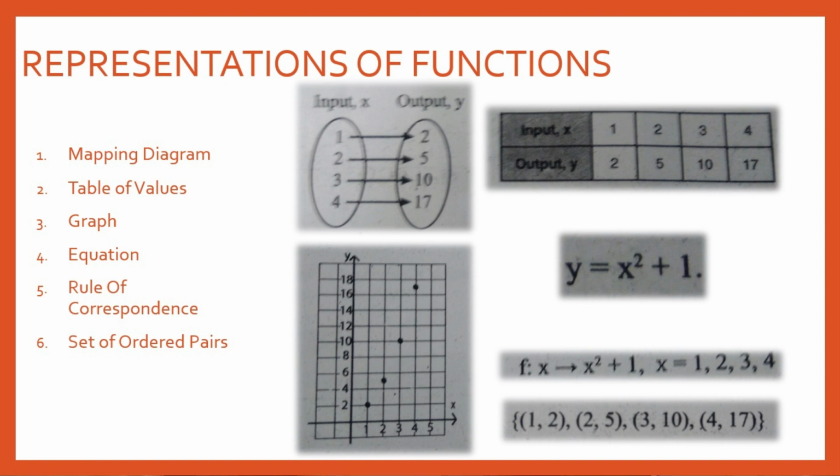Third is the graph, where you can see the set of points that composes the function. Number 4, the equation. This equation gives the function. Number 5, the rule of correspondence, and lastly, the set of ordered pairs.